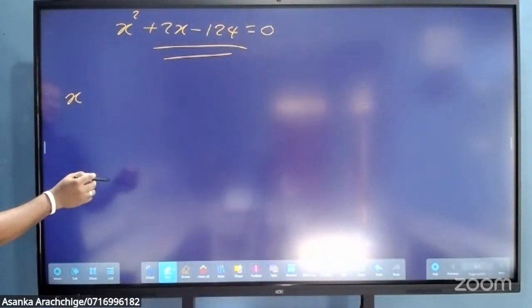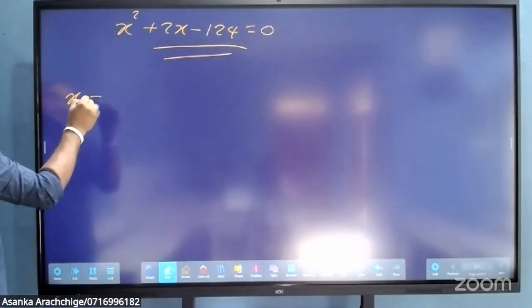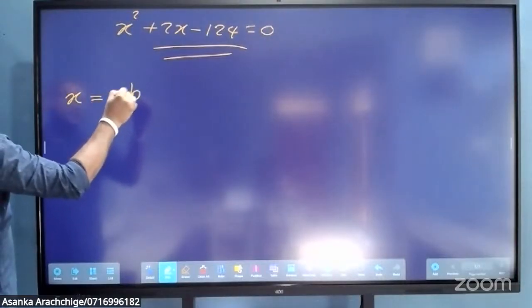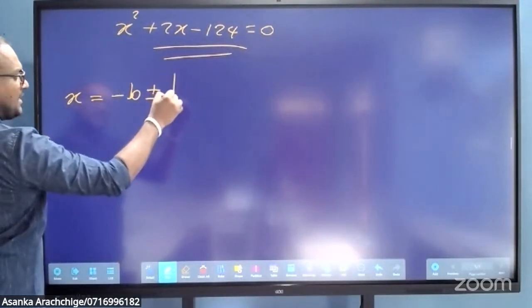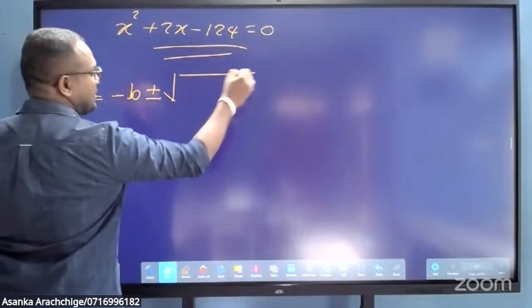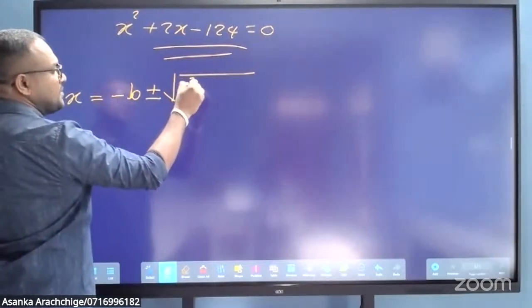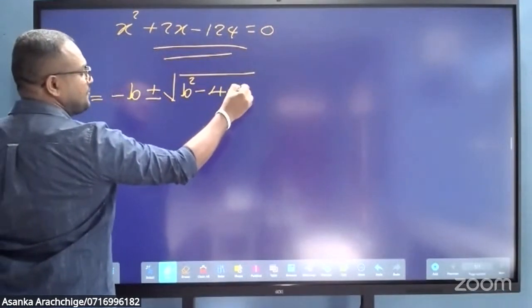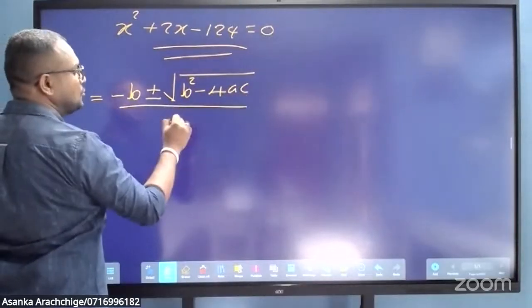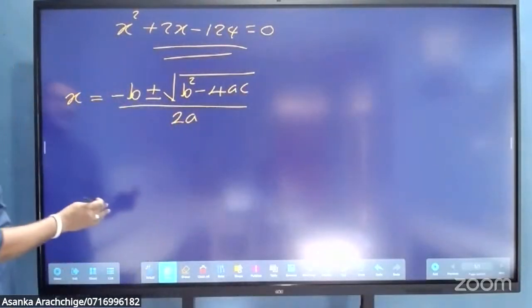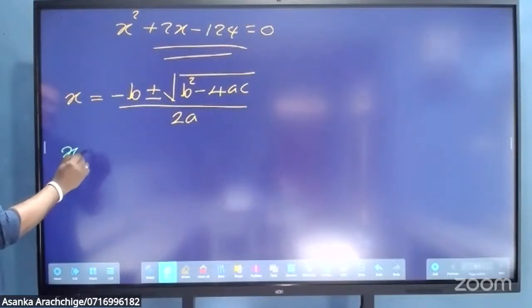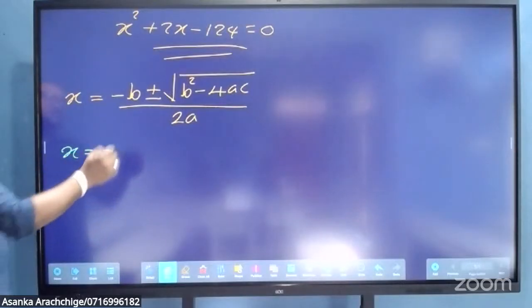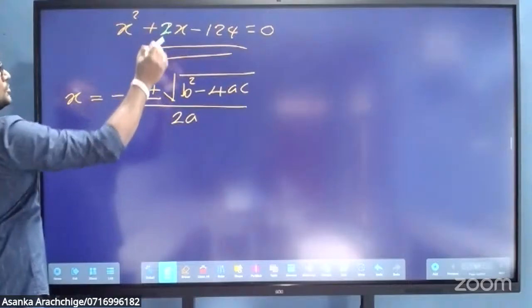If we use the formula, x is equal to minus b plus or minus square root of b squared minus 4ac upon 2a. Now we have to substitute. x equals minus b, which is 2.